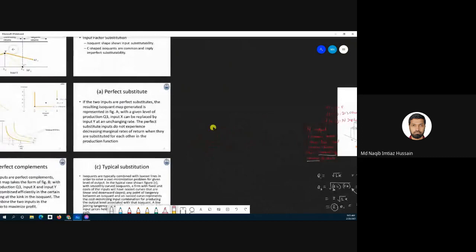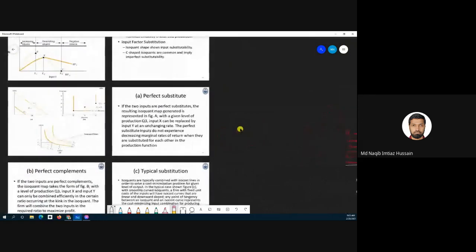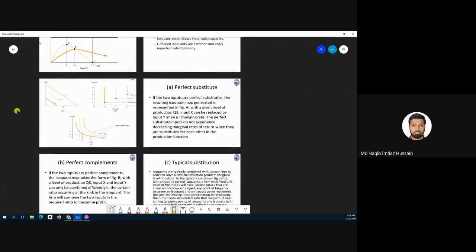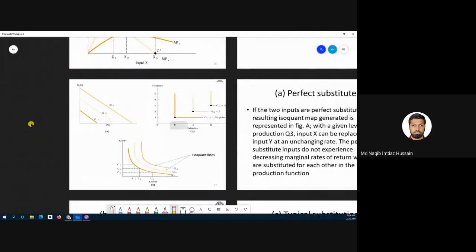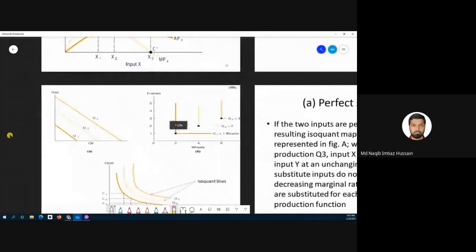And also, if you look at the graph, by looking at the curve, isoquant lines, you can also tell a lot of things. Think about this situation. Suppose you are driving your car, the car runs on octane and also on gas, okay?